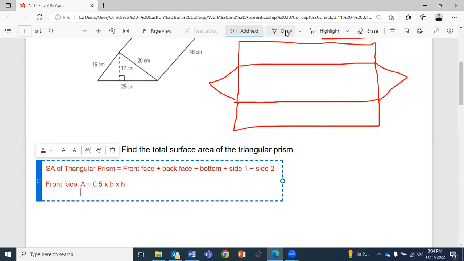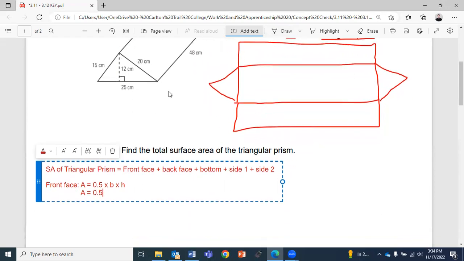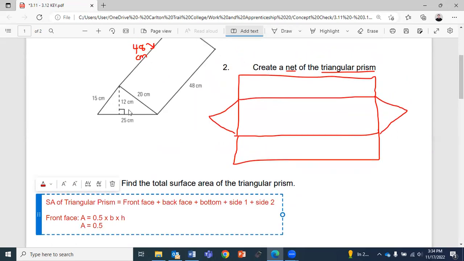What's my base? There's 3 sides here, right? The base is always going to be one of the 3 sides of a triangle, and you want to try and find the one that has a right angle within it. Oh, well, this is a nice flat base with a right angle in it. So the base in this case is going to be 25 centimeters. The height is 12 centimeters.